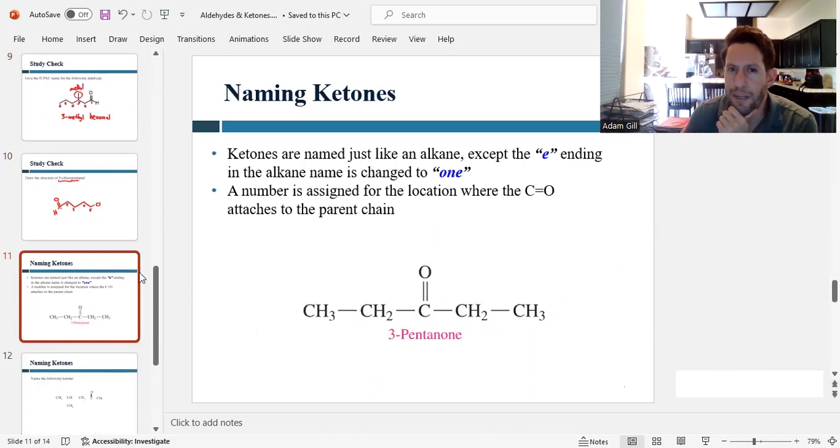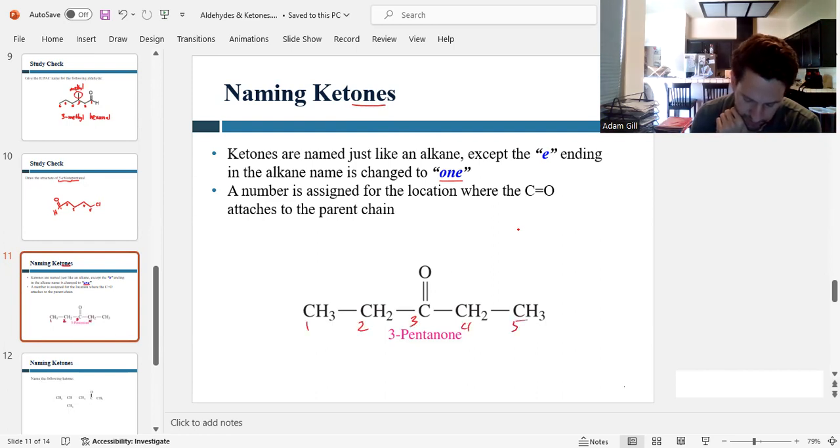Okay, let's talk about naming ketones. So for ketone, we're going to drop the E, and we're going to add "-one" for ketone. Now, because ketones occur in the middle of the chain somewhere, you have to specify where. And so you're going to add a number for the location of the carbonyl. So this one here has 5 carbons. This would be pentanone.